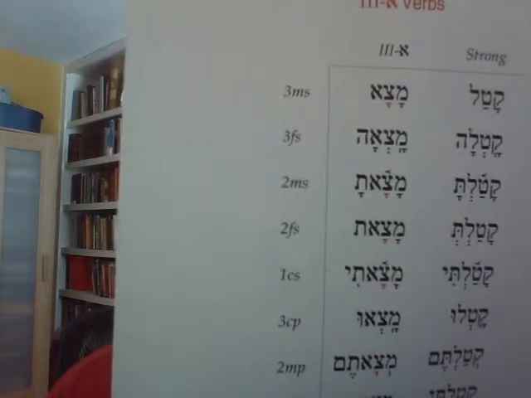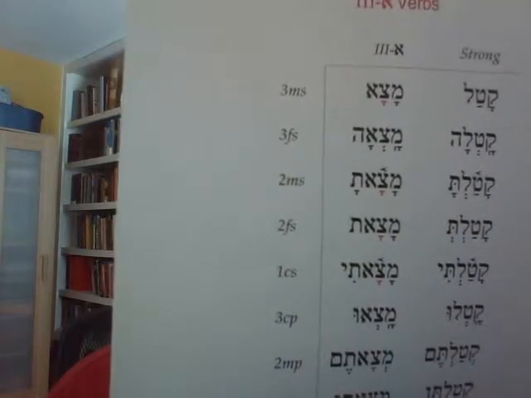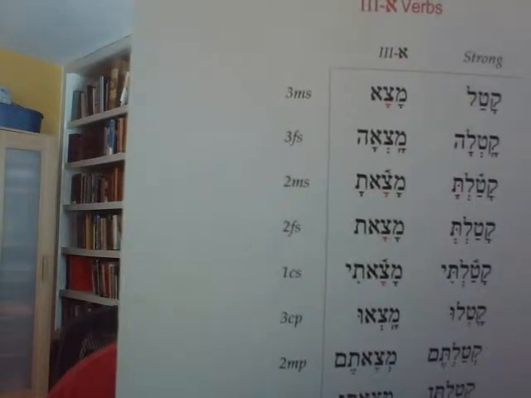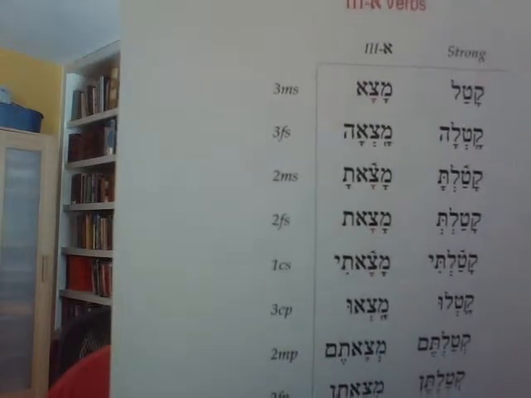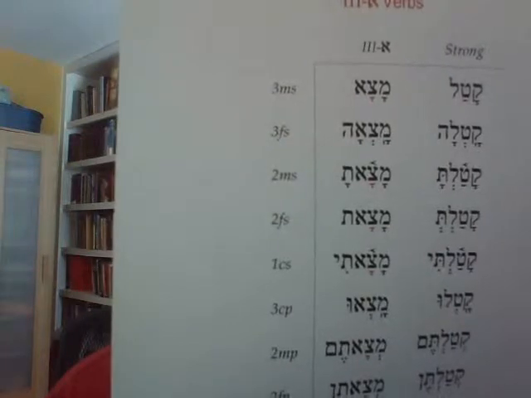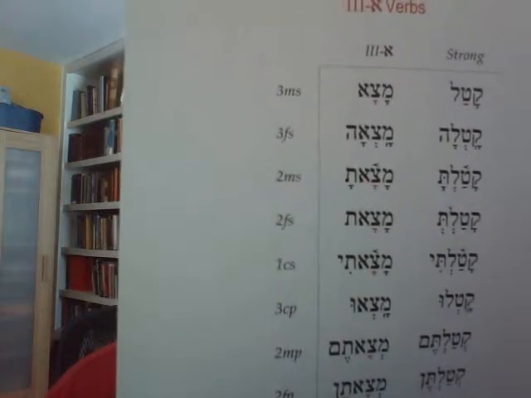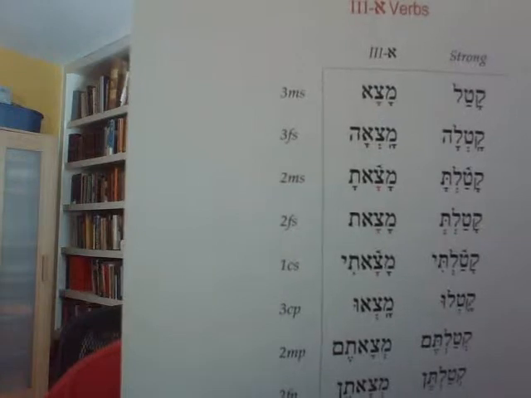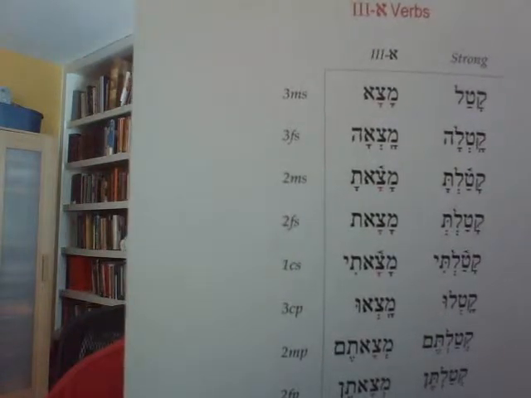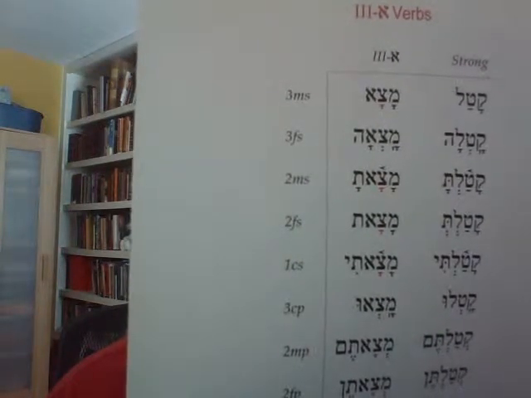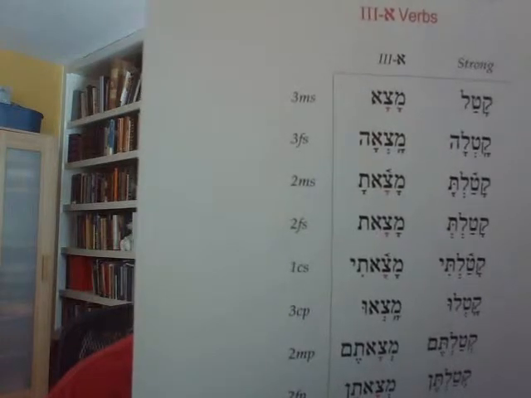The expected silent shewa under the third root consonant of many of the inflected forms is absent. And the third thing that you'll need to remember about the Qal perfect weak third aleph verb is that the dagesh lene, normally present in the initial consonant of the five suffix forms beginning with a tav, is absent.